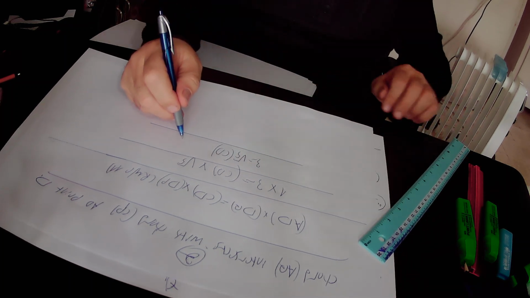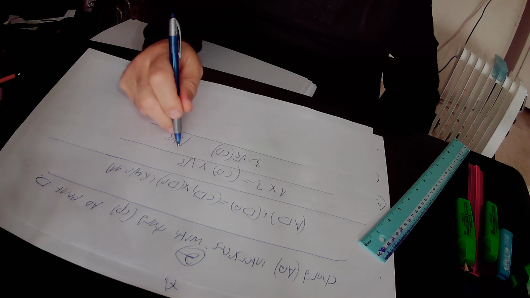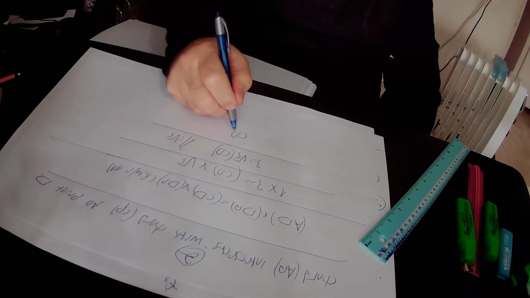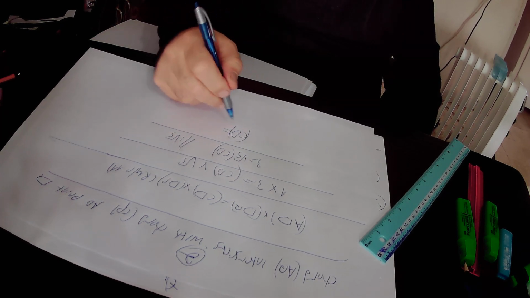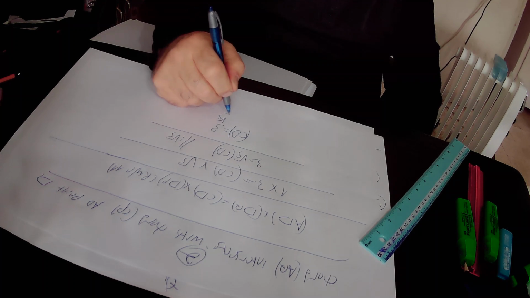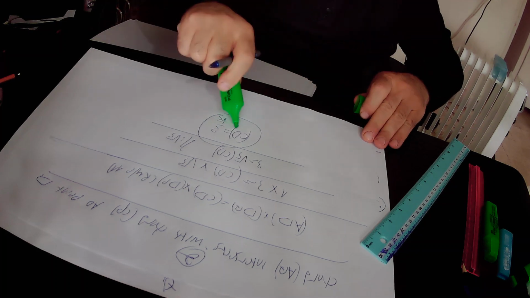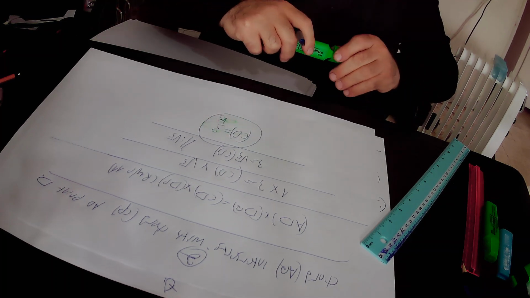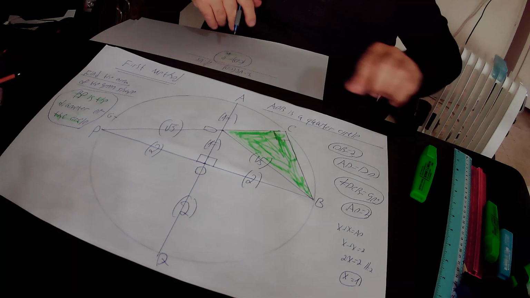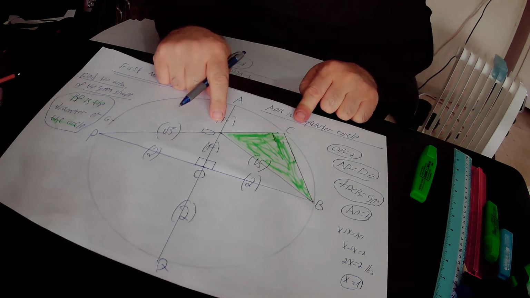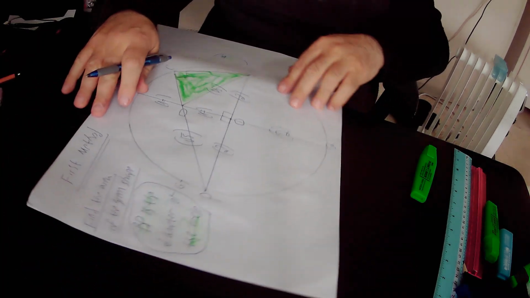Here we divide this equation by square root of 5, and we get that CD, the missing side, is equal to 3 over square root of 5 units in its length. So I write it down.